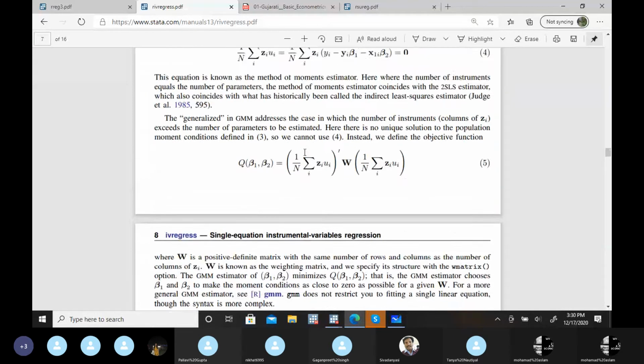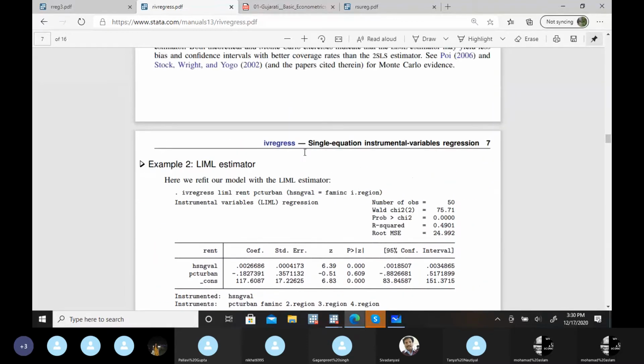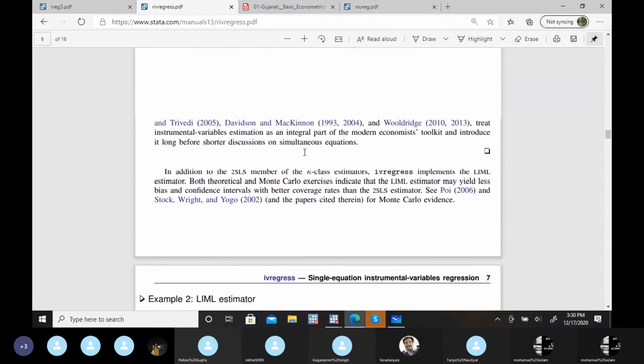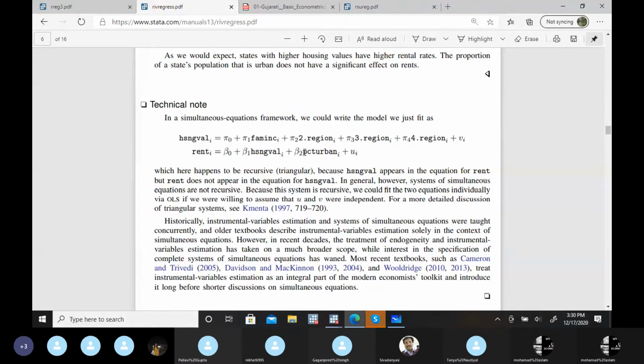I don't know about Wooldridge. It's not in Wooldridge, nor in Maddala, nor in Gujarati. The only reference for this method is Greene. I don't know about the latest editions, but in previous editions, it's not there. Okay, so let's take another example.